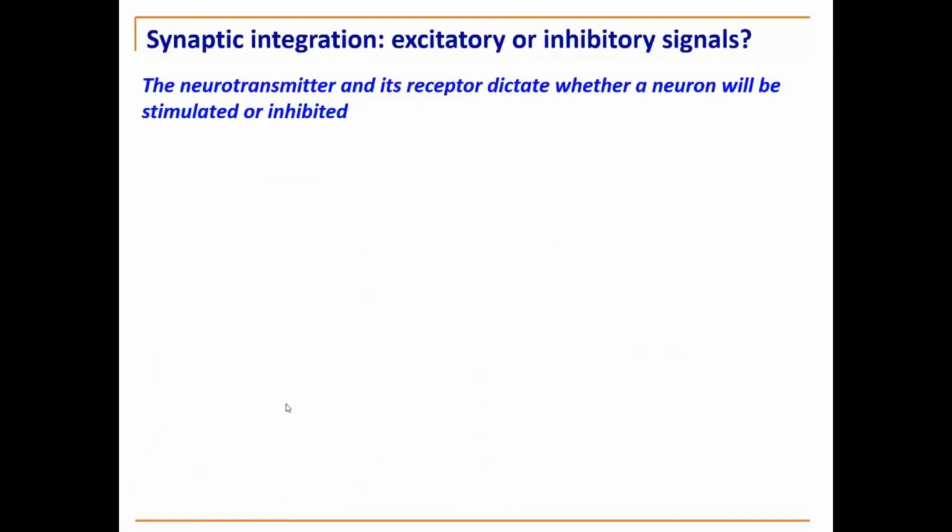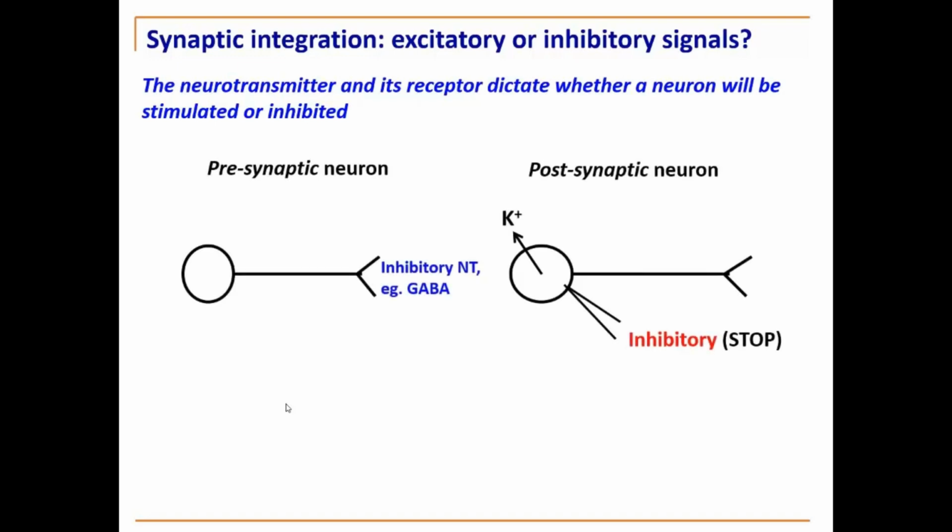But at the same time, it might be inhibitory. So you have inhibitory neurons, and an example of an inhibitory neurotransmitter is GABA. A stimulus comes in, the presynaptic neuron fires an action potential all the way along, and releases GABA, which binds to an appropriate receptor, the GABA receptor. This triggers potassium to leave the cell.